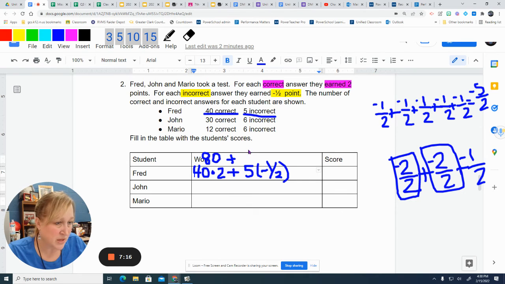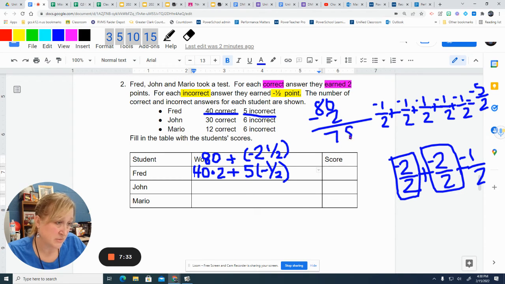So 80 plus -2 and 1/2. That's a gross one. So I'm going to subtract the 2. So 80 minus 2 is 78. But I still have to take another half away. So the answer is 77.5.